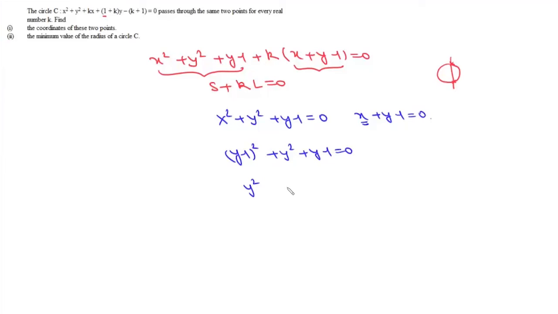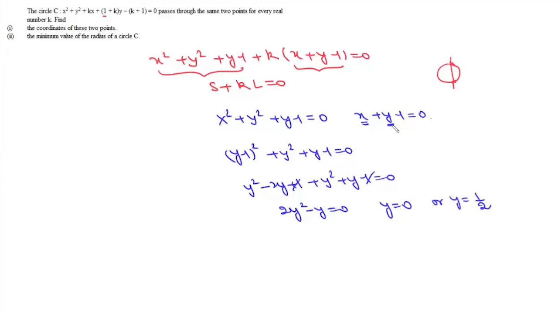So it will be y square minus 2y plus 1 plus y square plus y minus 1 equals 0. Now this minus 1 plus 1 will cancel, so we'll get 2y square minus y equals 0. That is, either the value of y is 0 or the value of y is 1 by 2.